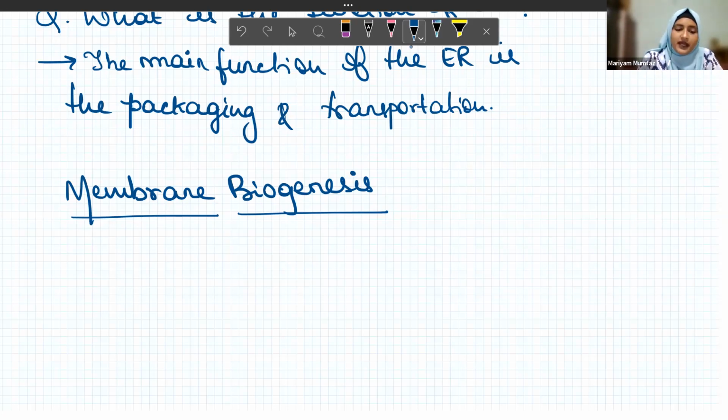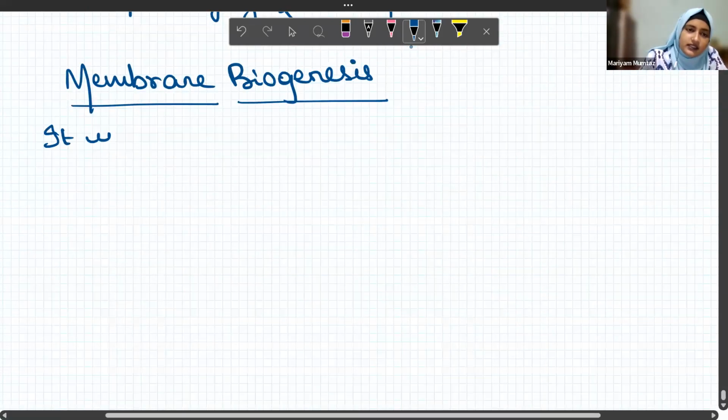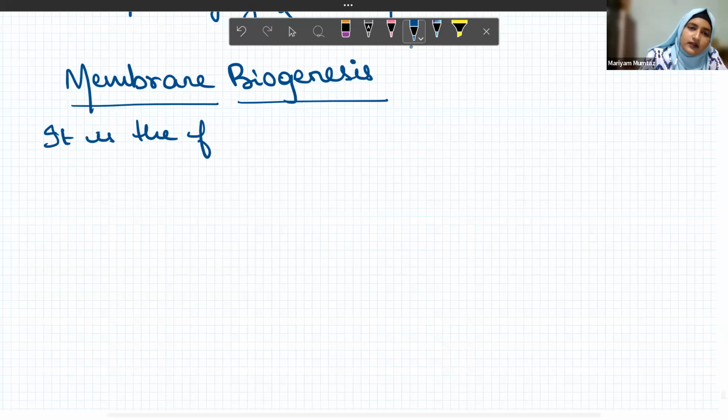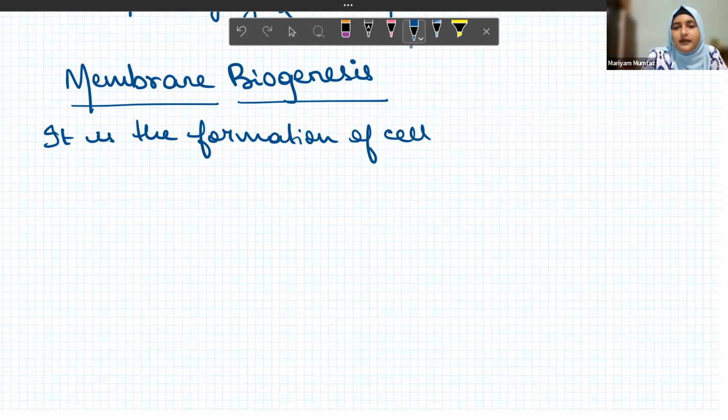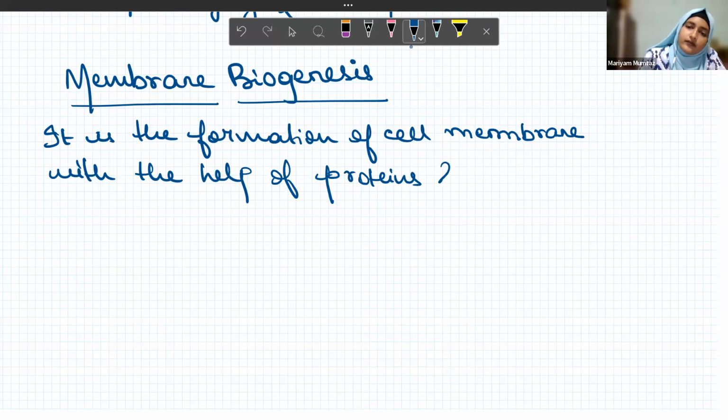Membrane biogenesis is the formation of cell membrane with the help of protein and lipids.